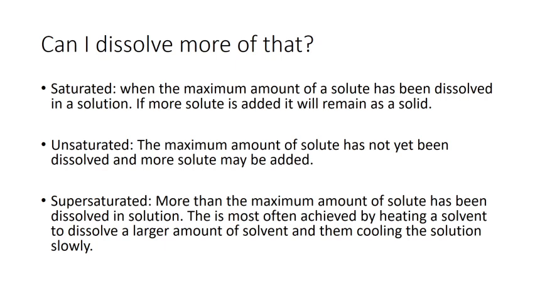And then you have your unsaturated, which is where the maximum amount of solute has not yet been met, and so more solute can be dissolved in the solution. And then you have a supersaturated, where more than the maximum amount of solute has been dissolved in a solution. As it says here, this is often achieved by heating a solvent to dissolve a larger amount of solute and then cooling the solution slowly.